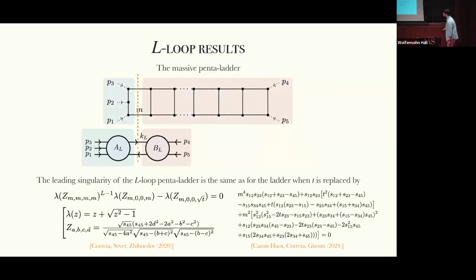And in doing so, you see a clear pattern. So basically, we find that the leading singularity of the L-loop panda ladder is the same as the one for the ladder, so for this graph here, but where now the t-channel variable is replaced by the solution to this polynomial. And you may notice that there are roots in this expression, and that's just because I made a choice of branch.